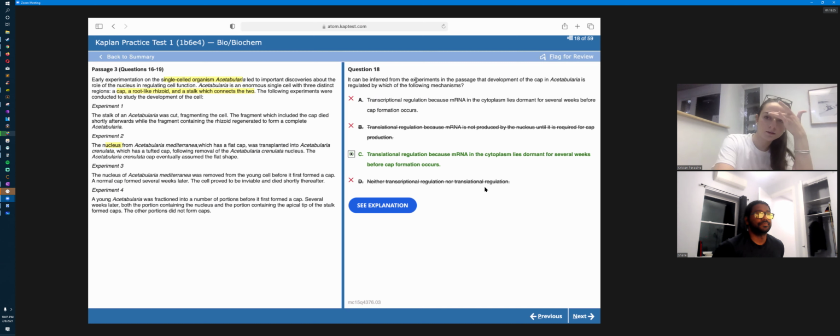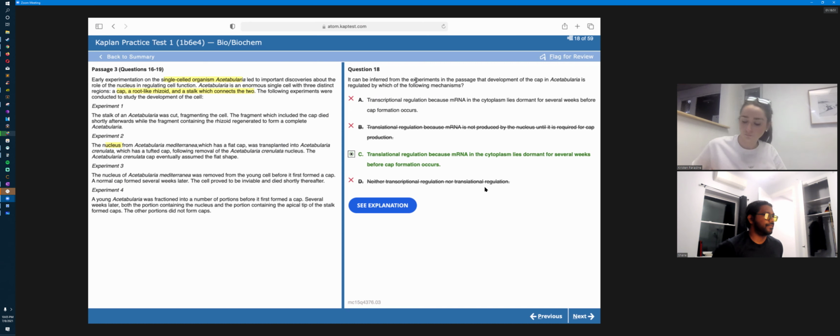Wait, so why is this translational now? Translational, it's not in the nucleus. Is it because of the development of the cap? Yeah. Experiment 4. First of all, they're just talking about the one without the Mediterranea or the crenulata, so we're not going to look at 2 or 3. Okay, so we're looking at 1 and 4.